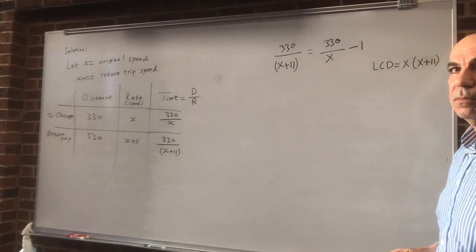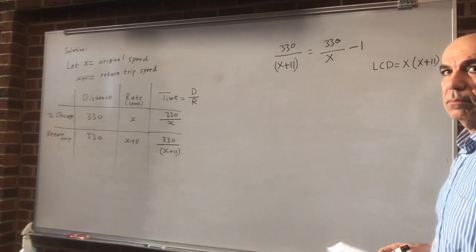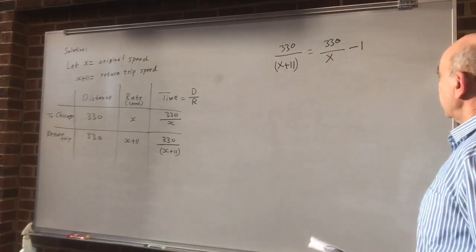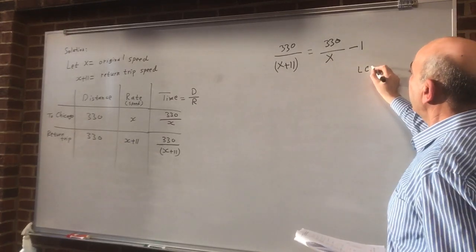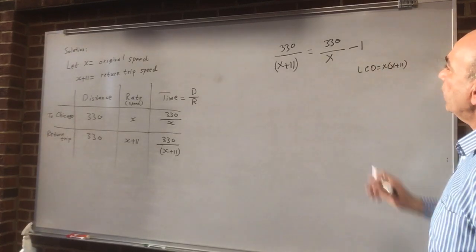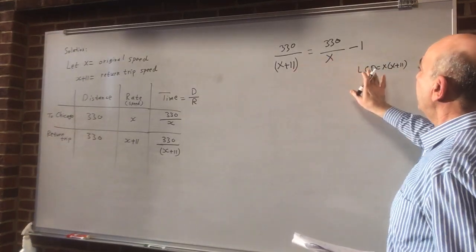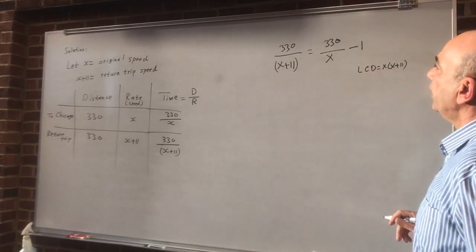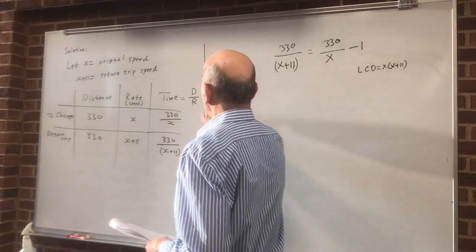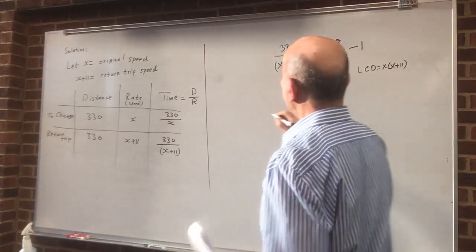So the least common denominator is x times x plus 11. Now multiply each term by the least common denominator.